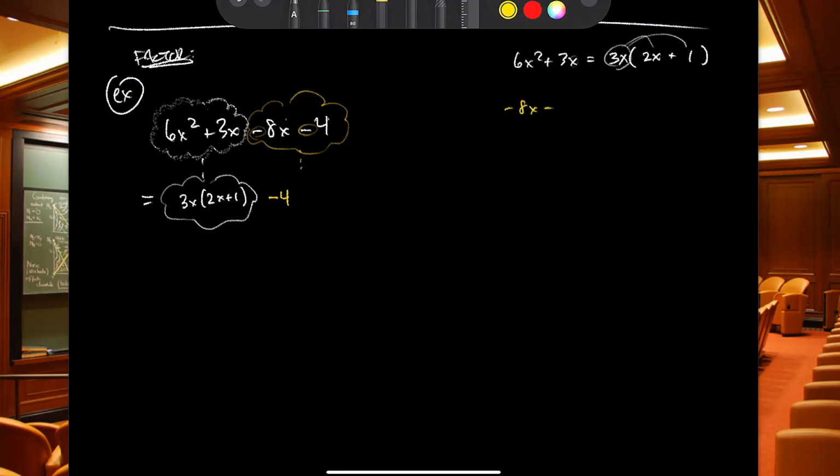Minus 8x minus 4 equals -4 times, well, let's write it with one step in between. I could write -8x as -4 times 2x, and I could write -4 as -4 times 1, to clearly see I've got a factor of -4 that I can pull out, and what's left inside is 2x, and since I pulled out the negative, it's really a plus 1.